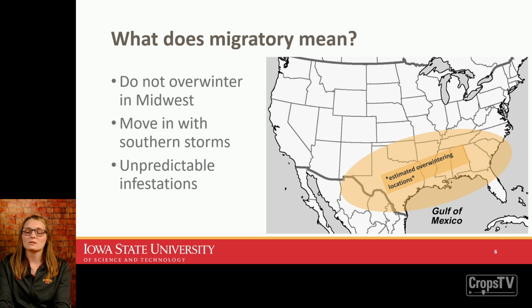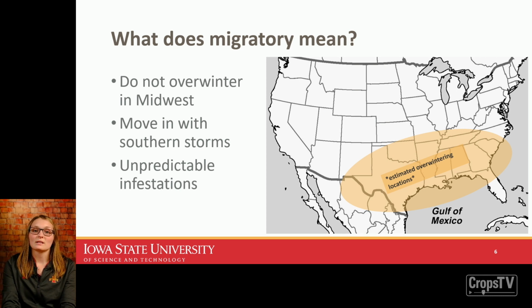So what does it mean to be a migratory insect? I developed this map for a black cutworm presentation that I gave earlier this year, but I think in general it can be applied to other migratory insects as well. Most insects do not like to be cold, and they can't survive the cold, so they can't overwinter in the Midwest.